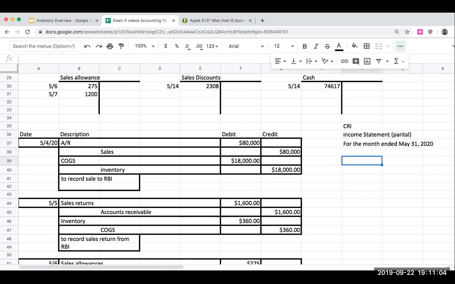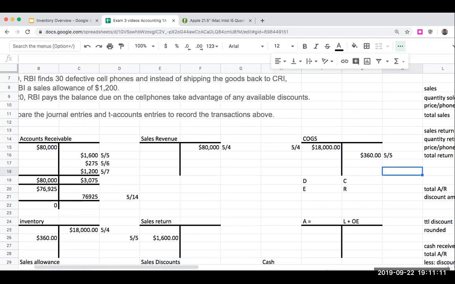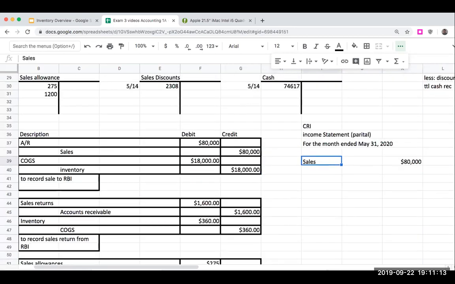Okay. So I'm going to have my sales, right? And my sales here are going to be 80,000. This is coming directly from my T account, my sales revenue.